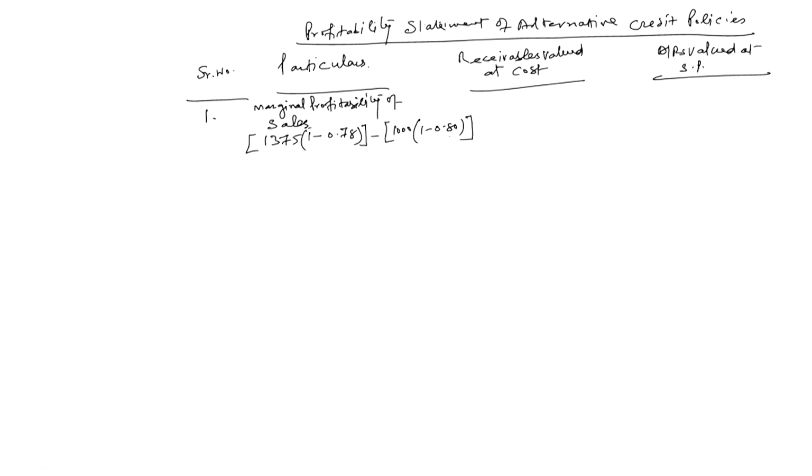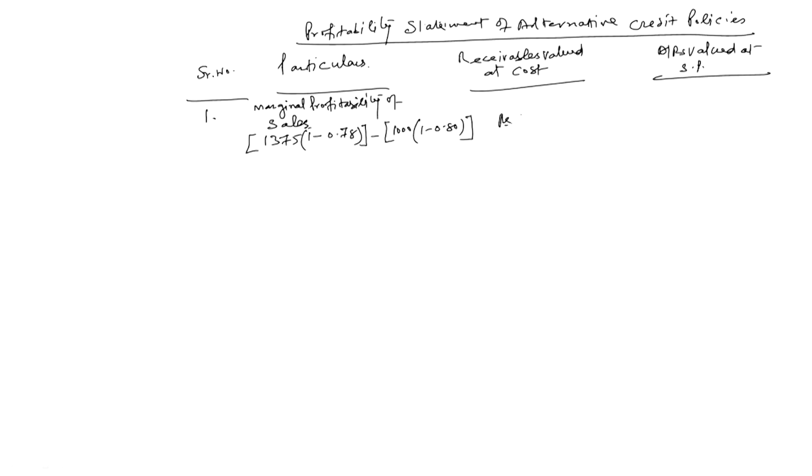In that case, what will happen? Your new sales level will be by increasing the market share of a market which is growing at the rate of 10%. Our new market share will be 25%, and that will be 1375 crores, and the cost of sales will come down to 78%, as against the market share when we had the credit policy, not a relaxed one, only 60 days credit period.